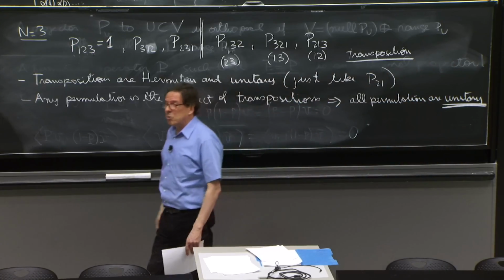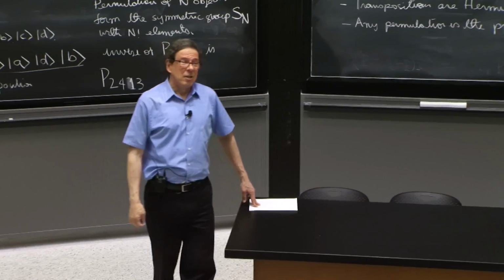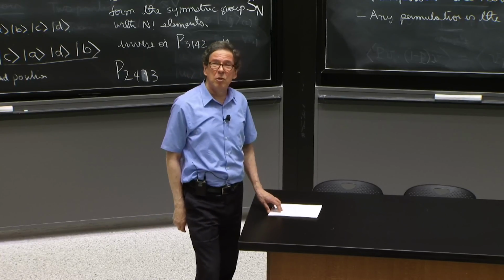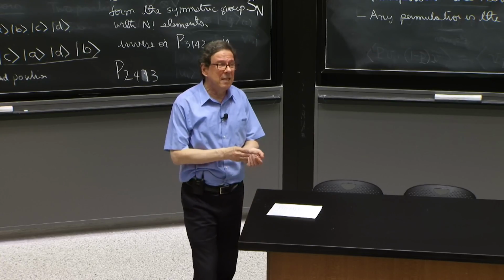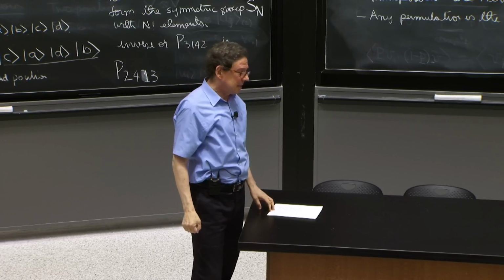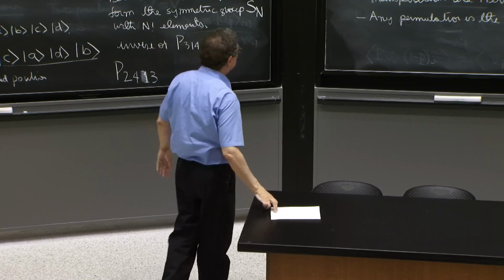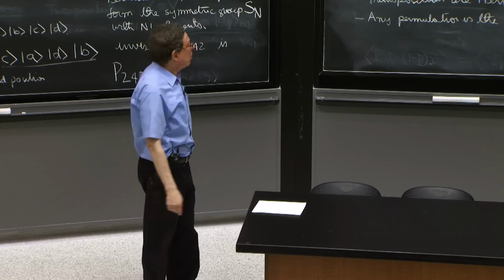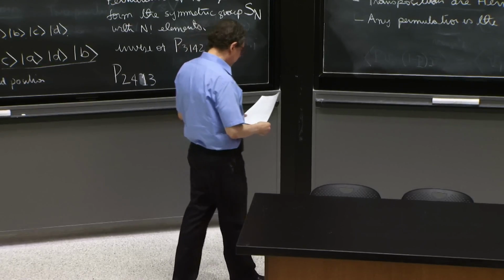It's not true that all permutations are Hermitian. The product of Hermitian operators is not necessarily Hermitian. You've seen that. If you have two operators that are Hermitian, the order changes, and the product is not Hermitian. X and P are Hermitian operators, but the product is not Hermitian. So all permutations are unitary, but are not Hermitian.